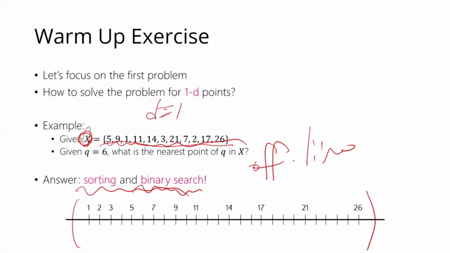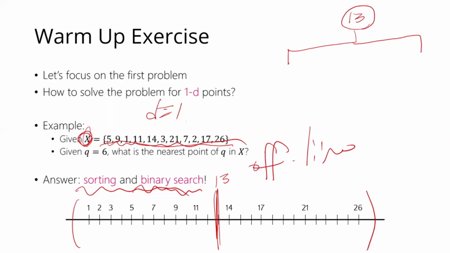So you know that 13 is kind of in the middle. Then you can construct a binary tree, meaning that with respect to 13, we have elements on the left, which are smaller than 13, and elements on the right, which are bigger than 13.